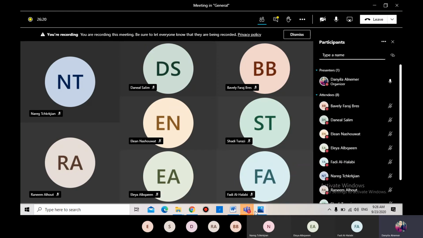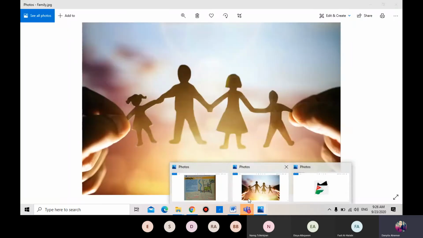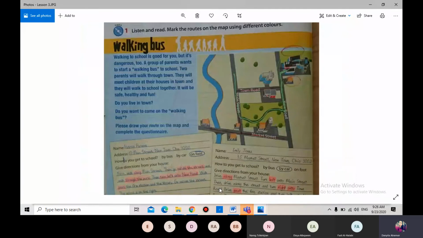Anyone? Yes, Shadi. It is a group of school children working together. Good, Shadi, thank you. But you need to add the most important part. If you look at the picture here, we have a group of parents, or at least two parents. They will take the first shift in walking different students who live nearby in the town to school.